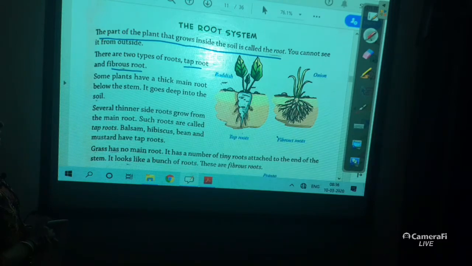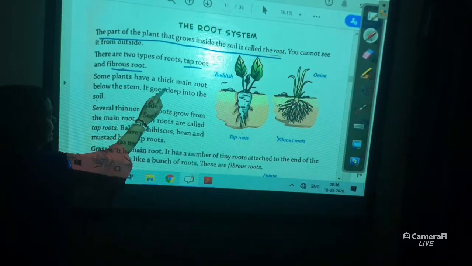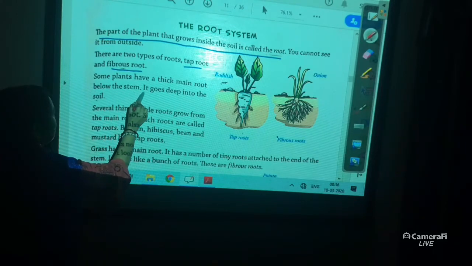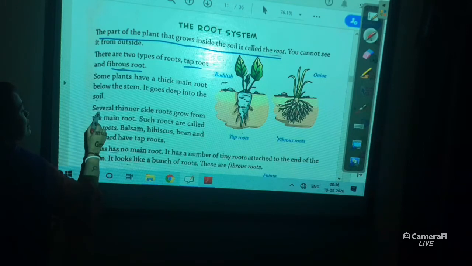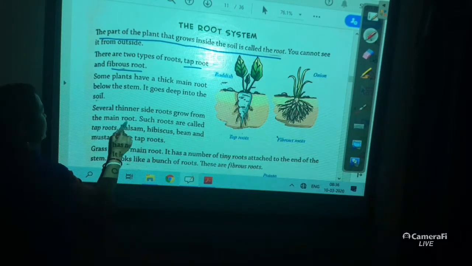Now we will learn about the taproot and then what the fibrous root is. Okay, some plants have a thick main root below the stem. It goes deep into the soil. Several thinner side roots grow from the main root.